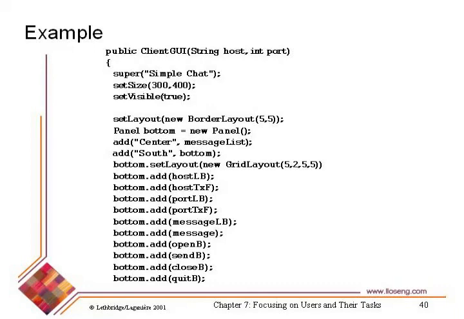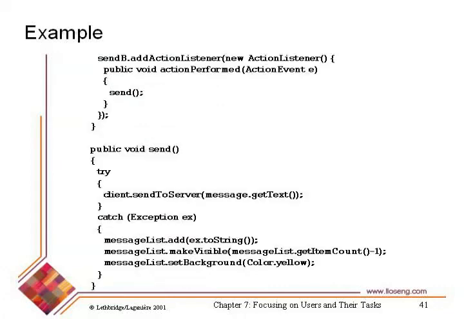On the next page, we have the constructor of a client graphical user interface for simple chat. The previous slide was declaring the variables, and on this slide we're putting a bunch of things together. So we're adding some of these components to their containers, mostly. That's what's going on here. And then on slide 41, we continue with the code. We have a thing called an action listener.